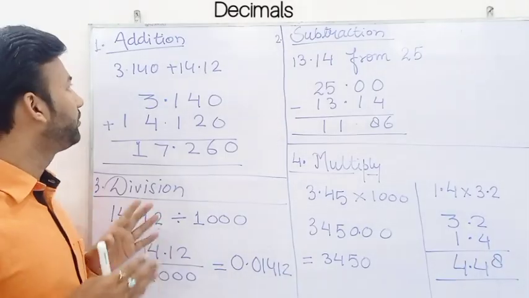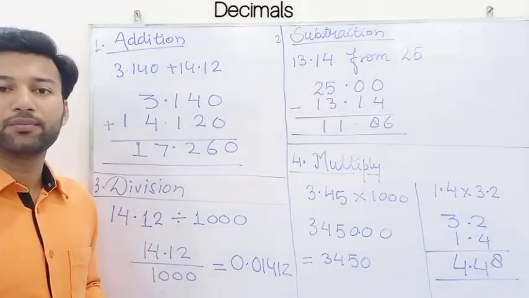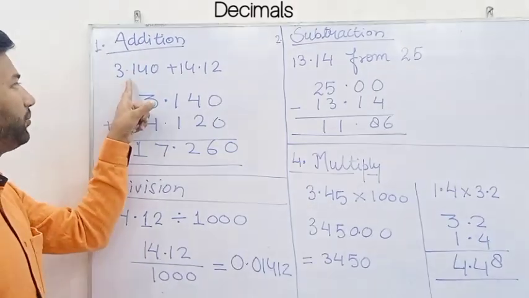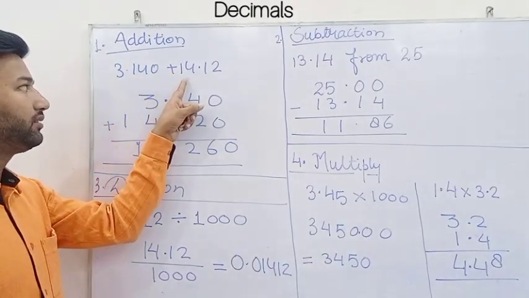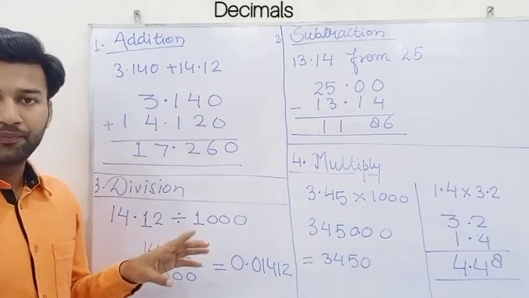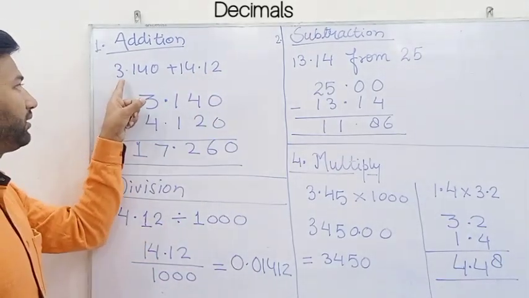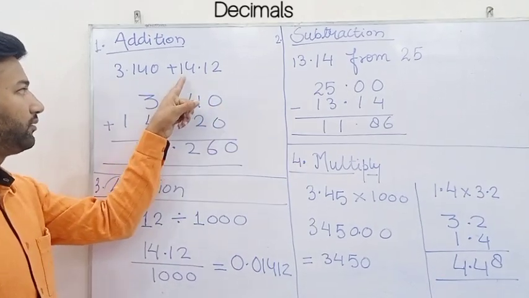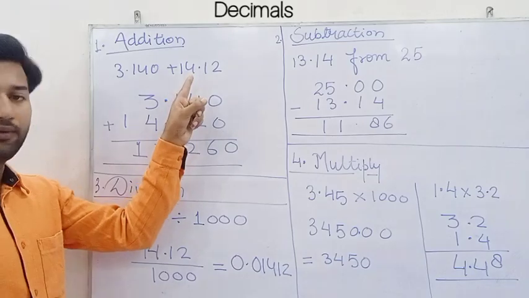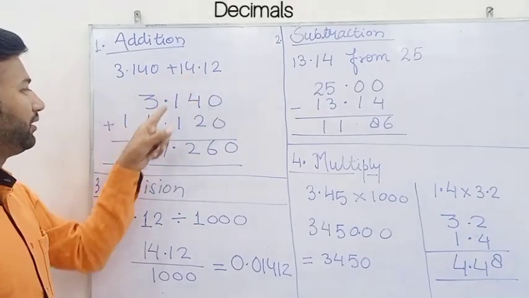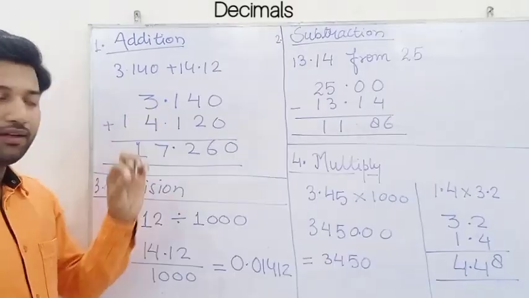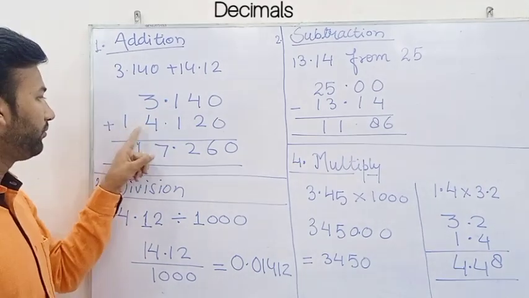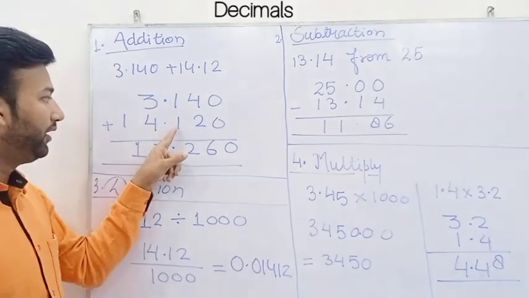Now next thing, how to add, subtract, multiply or divide. First we will check addition. The question is 3.140 plus 14.12. First remember one thing, write the first number, 3.140. Next, 14.12, with the decimal point below the decimal point.